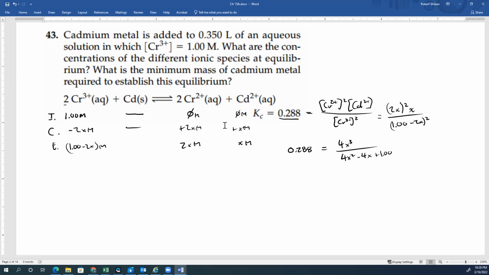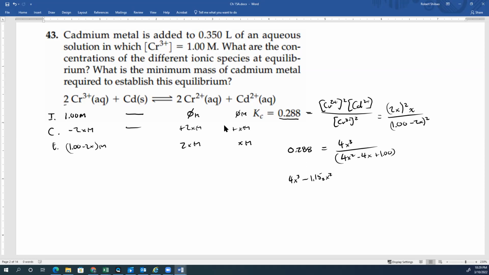And then I'm going to multiply the denominator here by 0.288. So let's try that. So 4 times 0.288 is equal to 1.152. So I'm going to put everything on the right side, so I'll put the right side on the left side here. So I get 4x cubed, and this is going to be minus 1.152x squared.